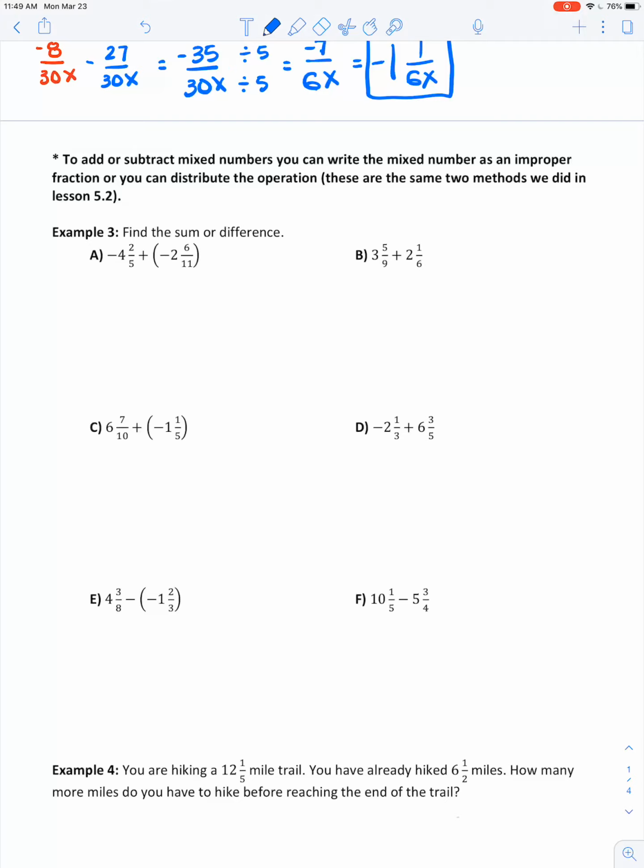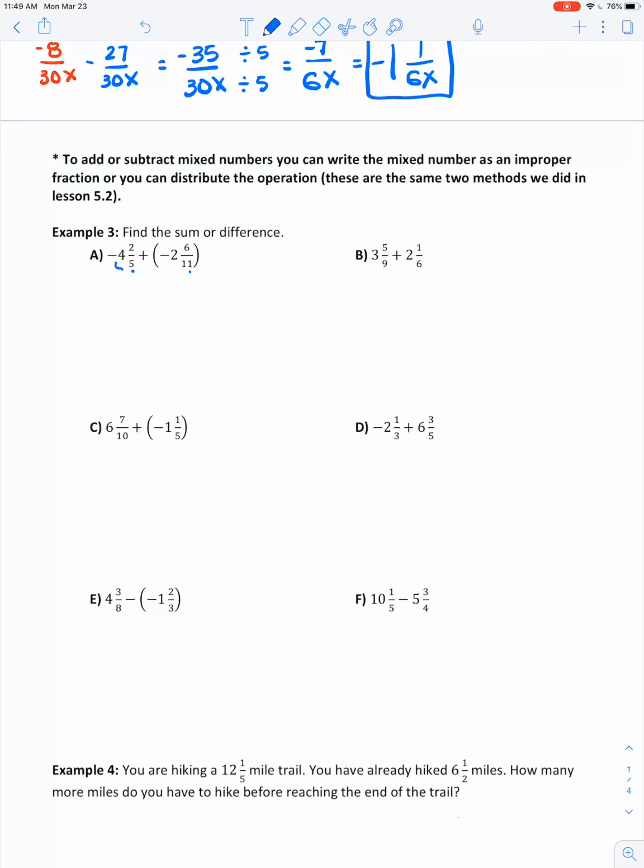So let's take a look at example 3, letter A. We have negative 4 and 2/5 plus a negative 2 and 6/11. I do see that 5 and 11 are not the same bottom number, and we need to change these into an improper fraction.